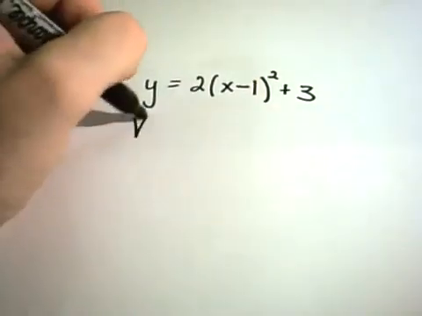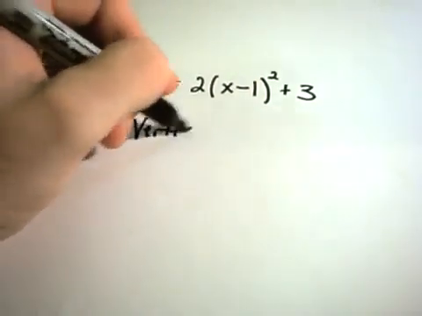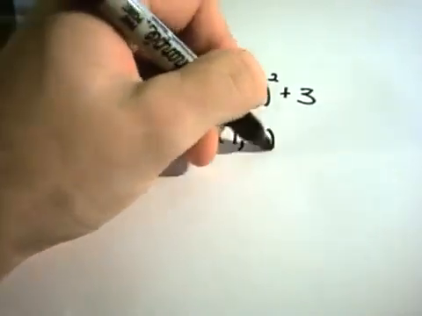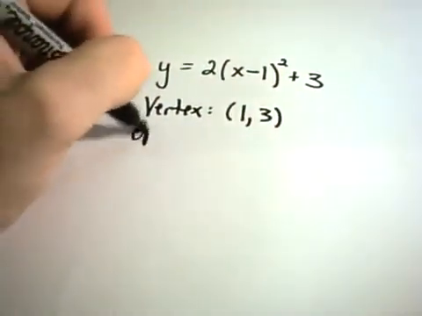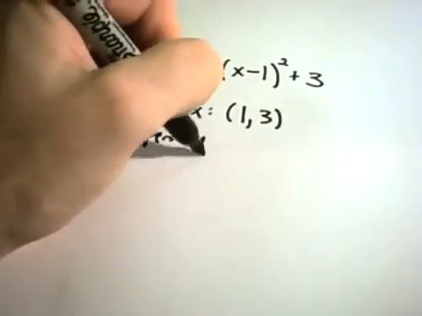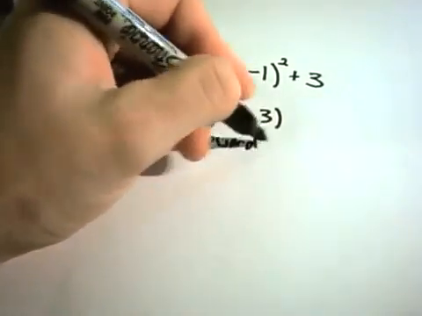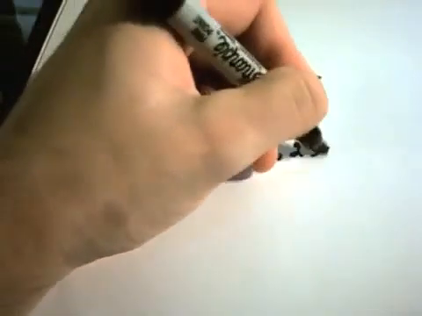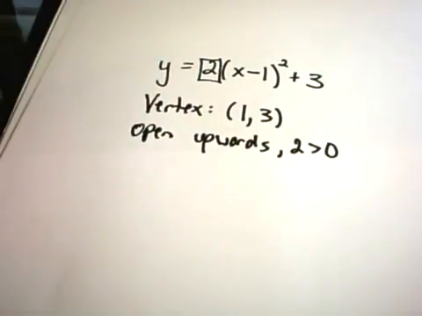This is going to have a vertex at the point positive 1 comma 3, and it's going to open upwards because the a value, which is 2, is certainly greater than 0.